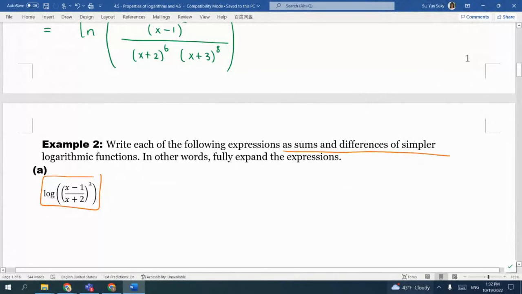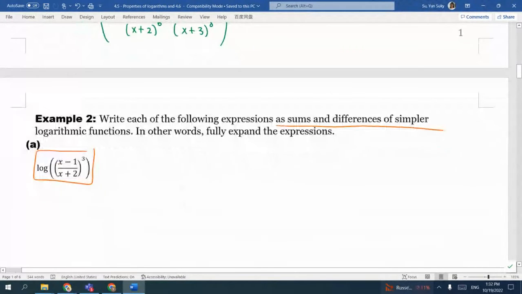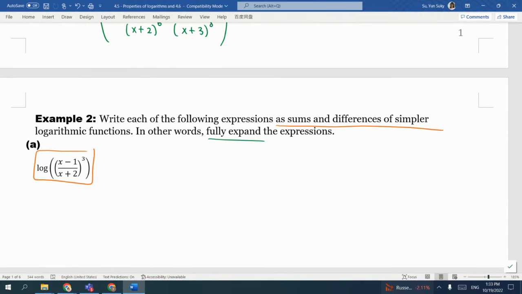Now we do the reverse. Okay, so we have a single log we want to express as simpler log functions. So fully expand. Fully expand means we don't want to see any power. So each log just contains one type of factor.